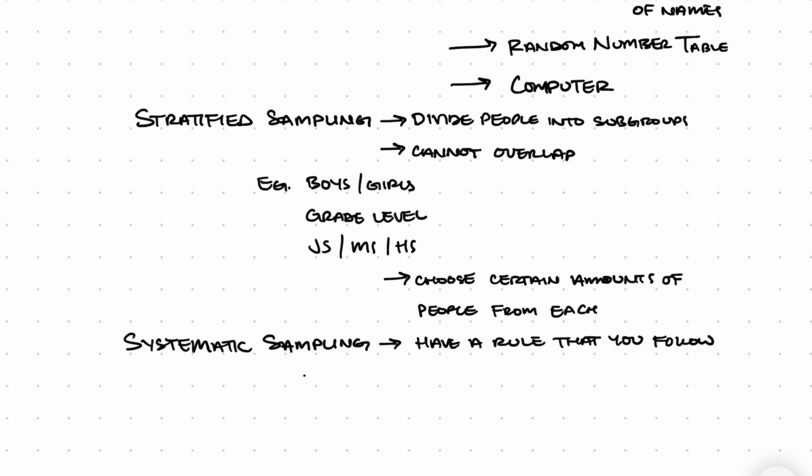So maybe an example of this would be out of a list of all the students in alphabetical order by last name, you choose every 10th person.